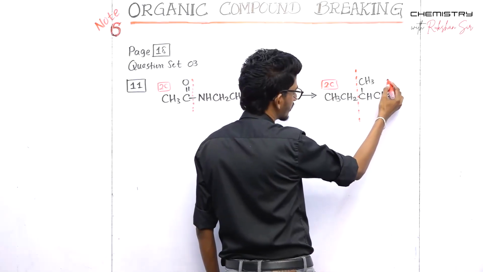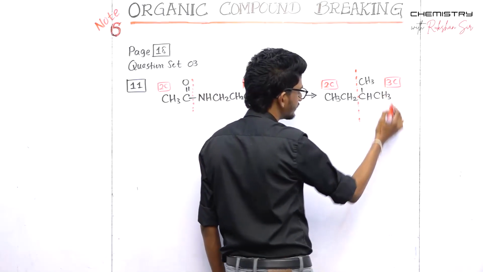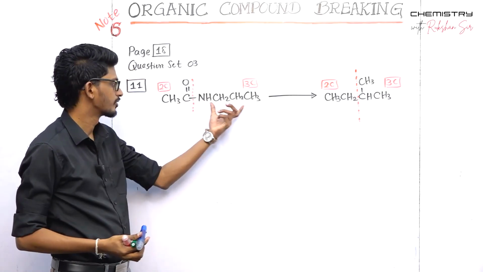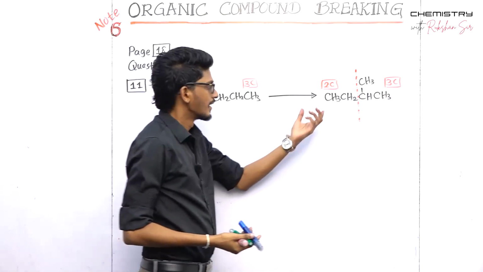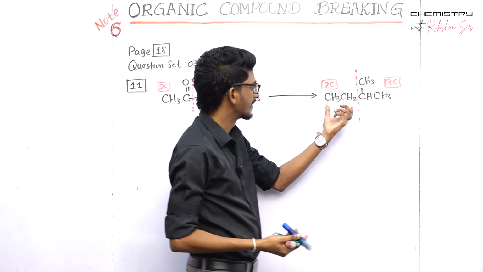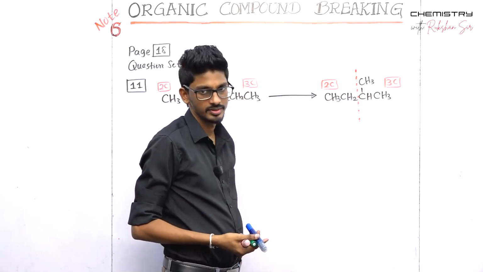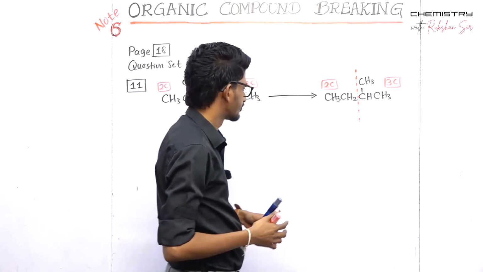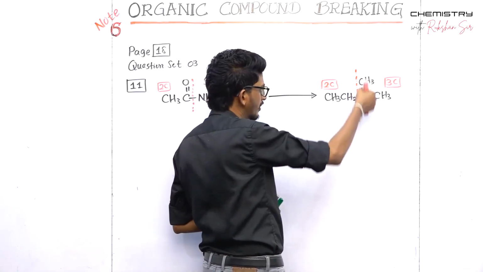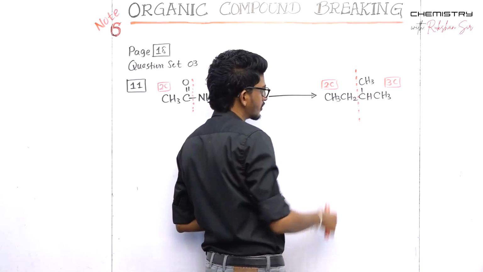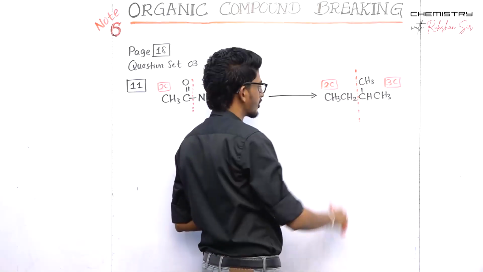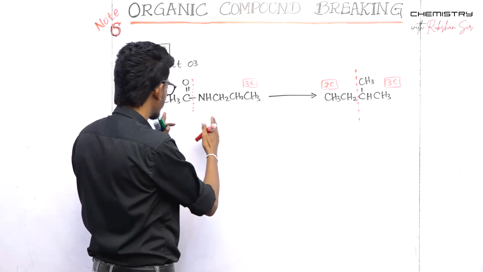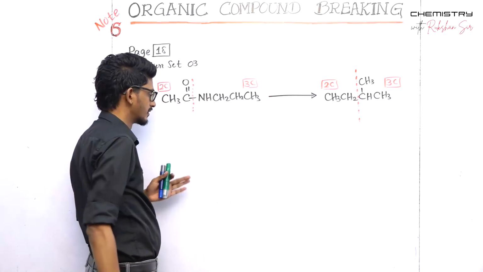So the only possible breaking is from here to come up with 2 carbon and 3 carbon blocks. Let's first break this and then we can analyze from that side.